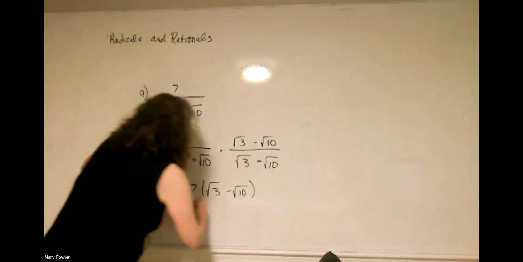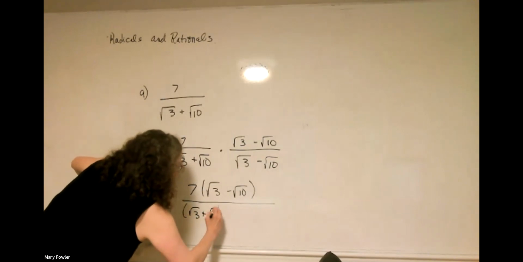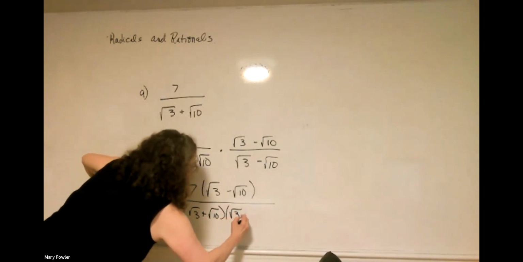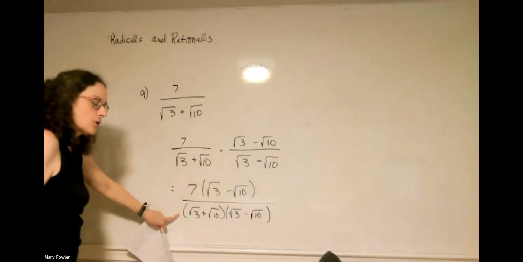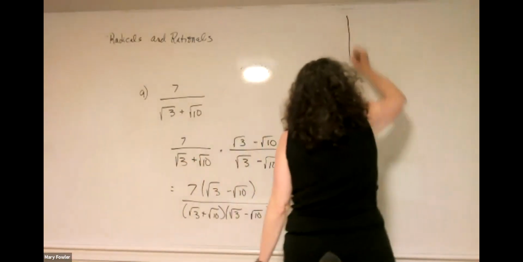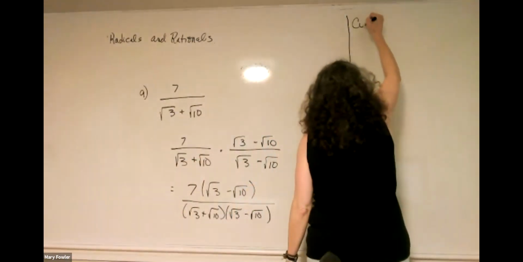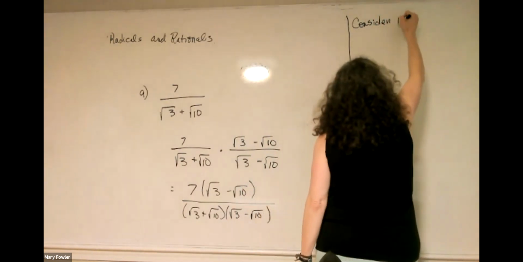And in the denominator, we have square root of 3 plus square root of 10 times square root of 3 minus square root of 10. I'm going to take that denominator and explore how that cleans up. So I'm just going to consider the denominator, and then later on we can plug it in.